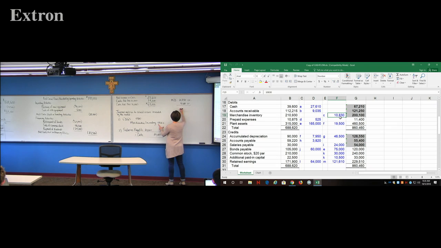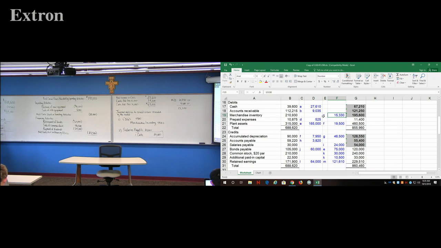So what should have been my total credit? 15,330. Okay, so I'm going to come up here, and this is transaction C, so I'm going to fix that. And if we look at the ending balance, 195,600, if you read in your book again, it says year-end inventory should have been 195,600, and it is.